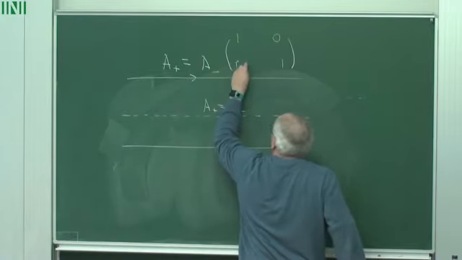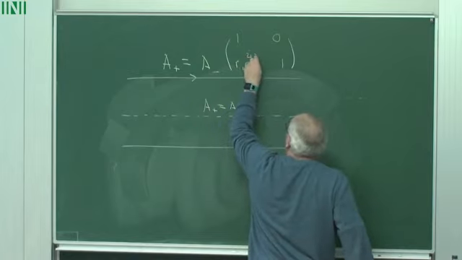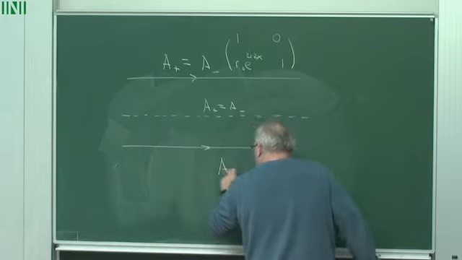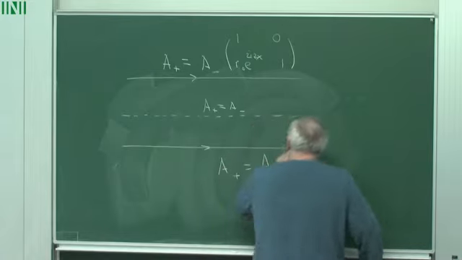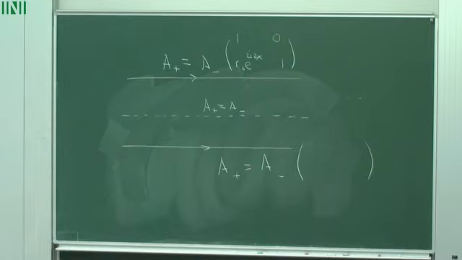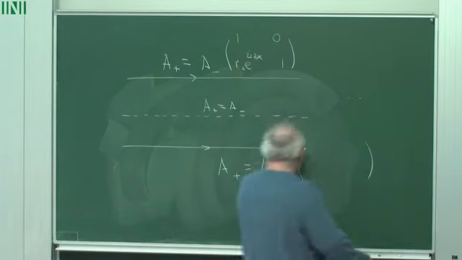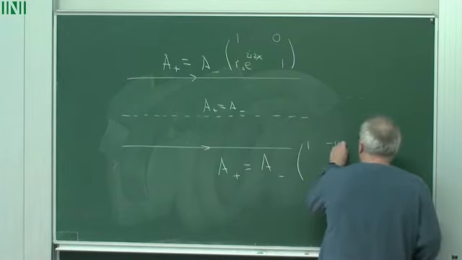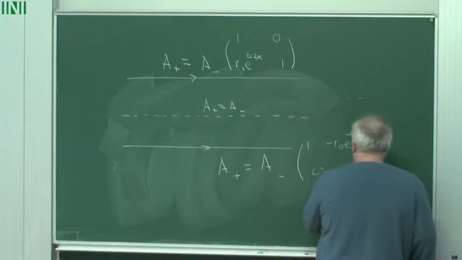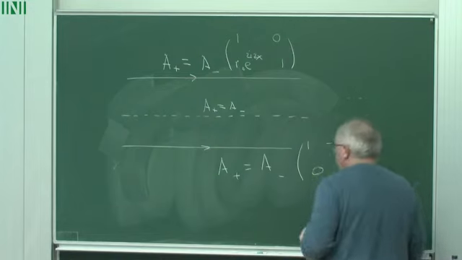Probably it's R0 e to the 2i zx. And then down here on this contour, A plus equals A minus times negative... Does that look right?